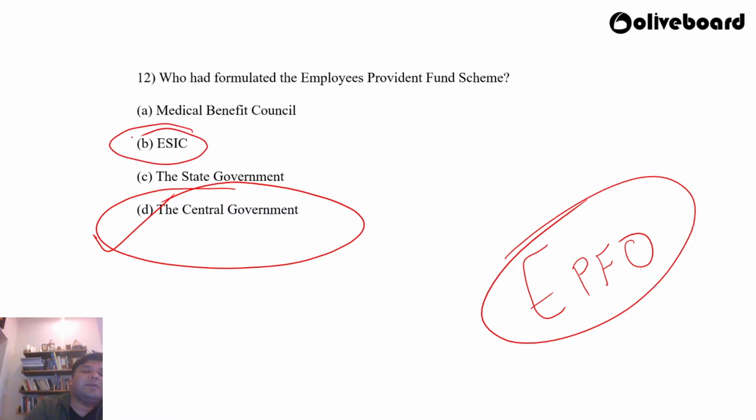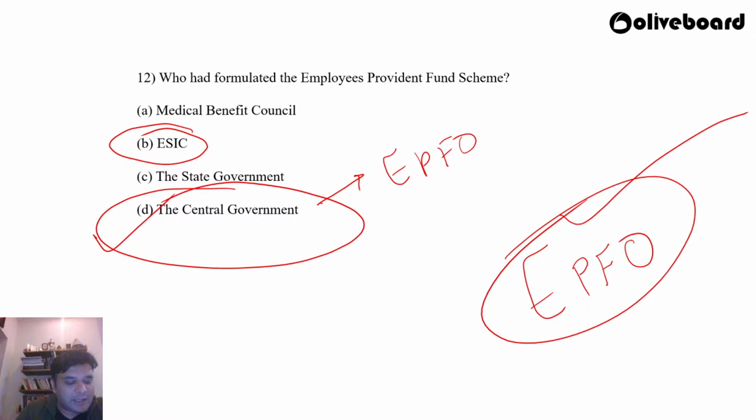ESIC is Employees State Insurance Corporation, whereas EPFO as an organization comes under the central government, जो मैंने आपको यहाँ पे ही हिंट दे दी थी. Okay. सो यहां पे देखिए इस तरह आप जस्ट जंप द गन, यू गाइज जस्ट फ्लू ऑफ द चार्ट्स.